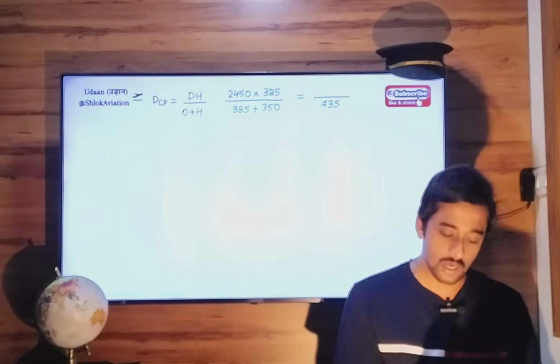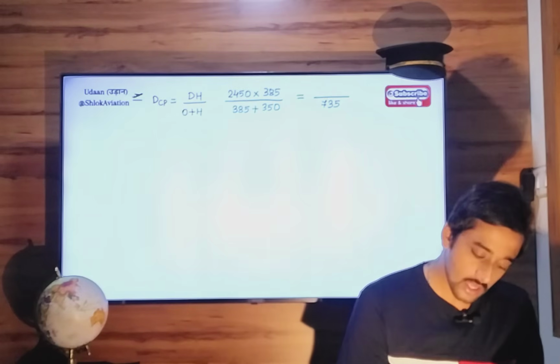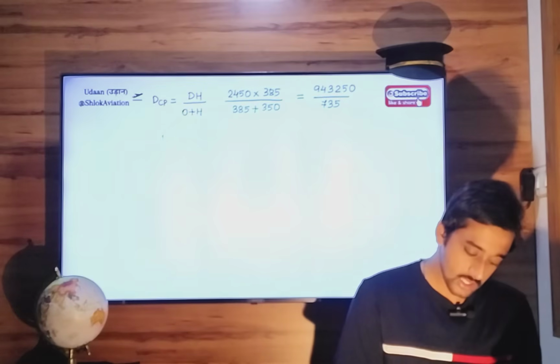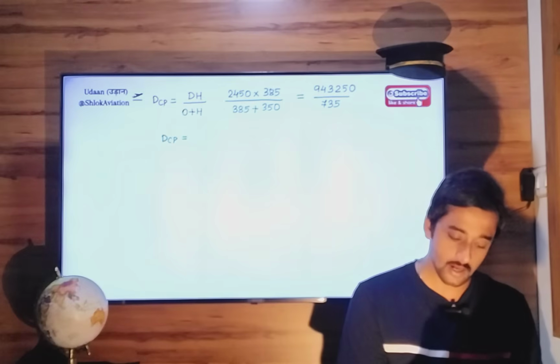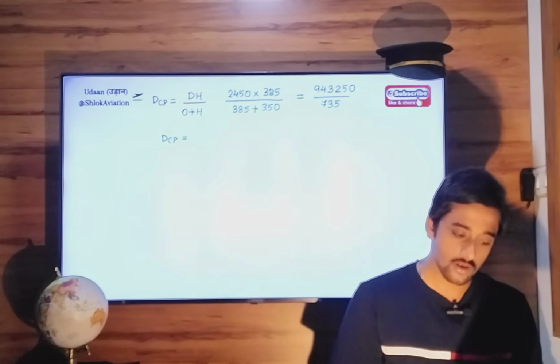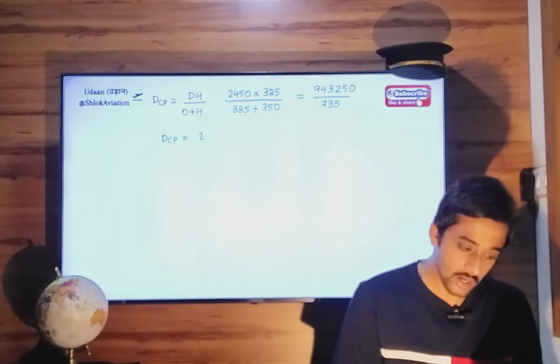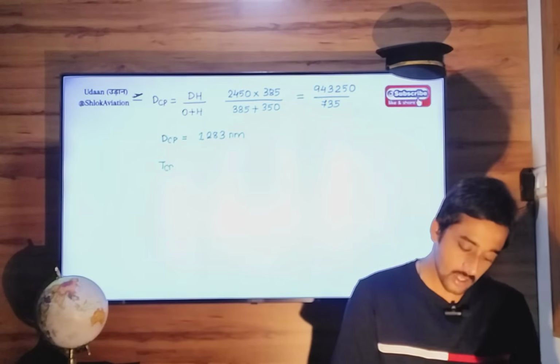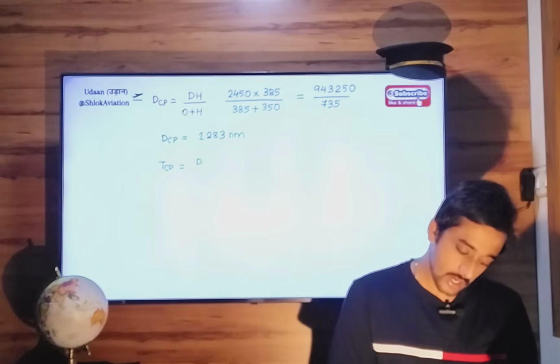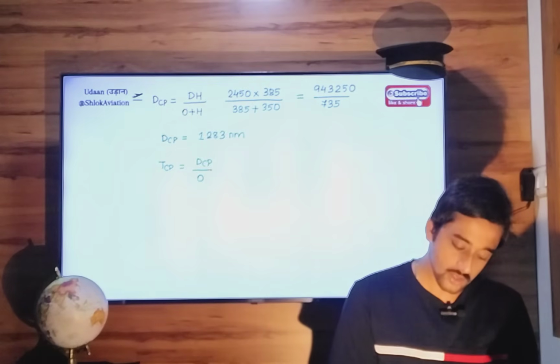In the numerator you will have 2450 multiplied by 385, 943250. So distance to critical point will be 943250 divided by 735, which is 1283 nautical miles. Time to critical point will be distance to critical point divided by outbound speed.